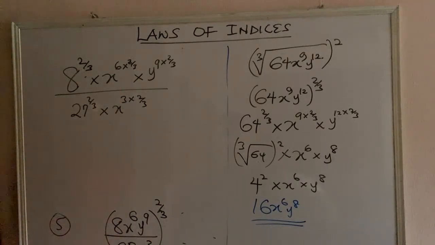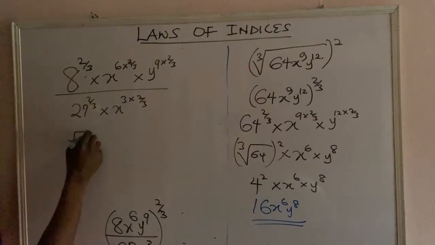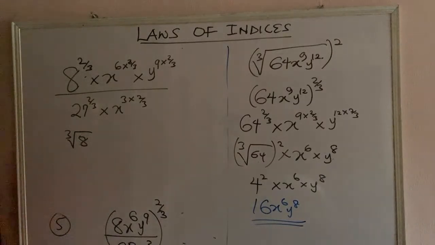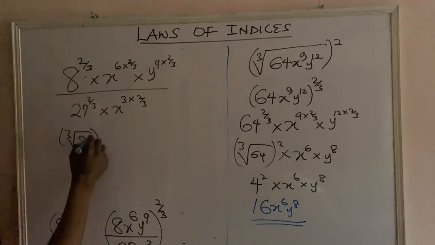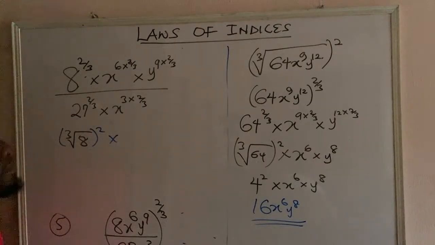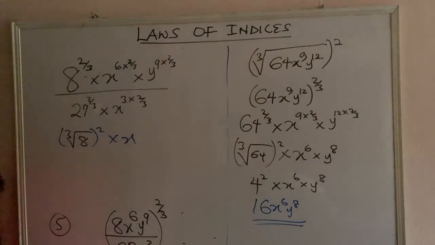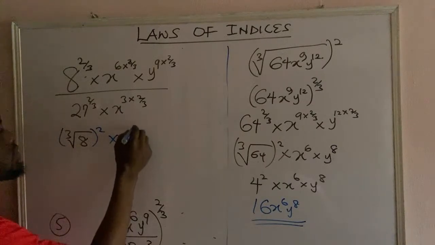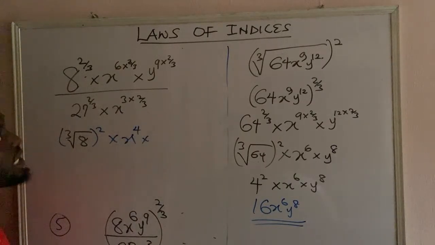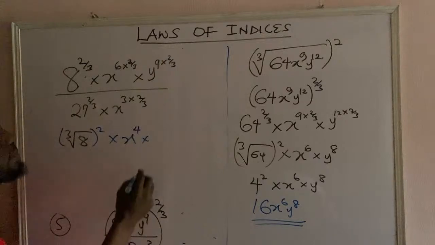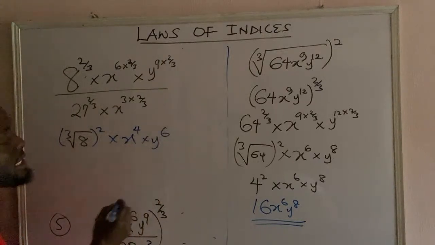So you can see this becomes the third root of 8 raised to the power of 2 multiplied by x raised to the power 6 times 2, which is 12, and 12 divided by 3 is 4. So that will be x raised to the power 4 multiplied by y raised to the power 6, since 18 divided by 3 is 6.